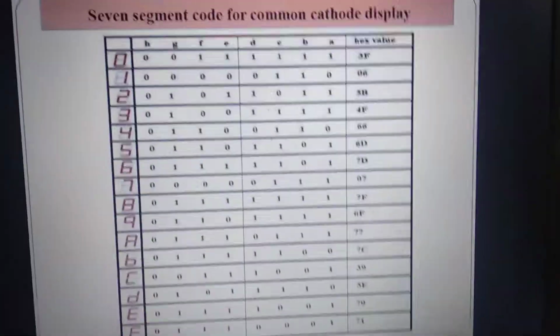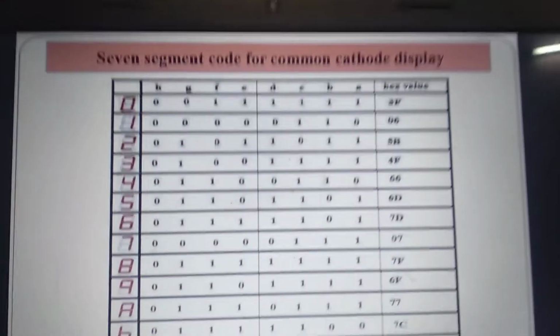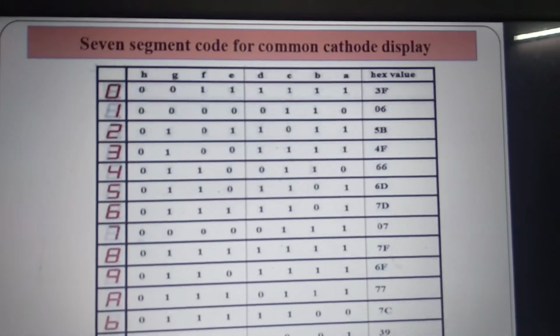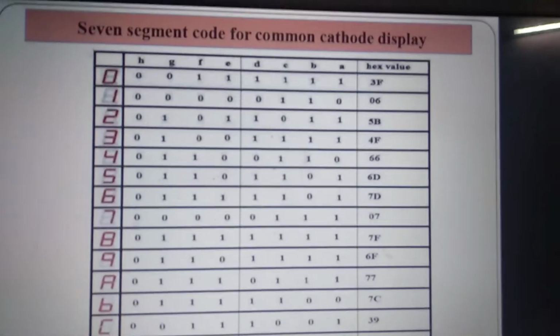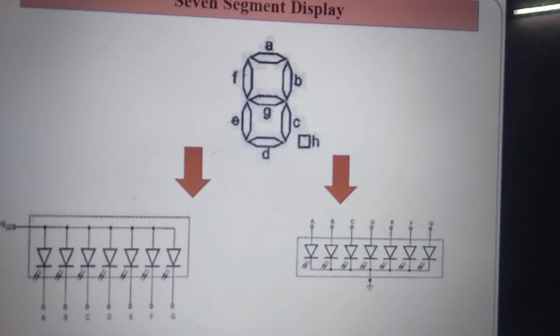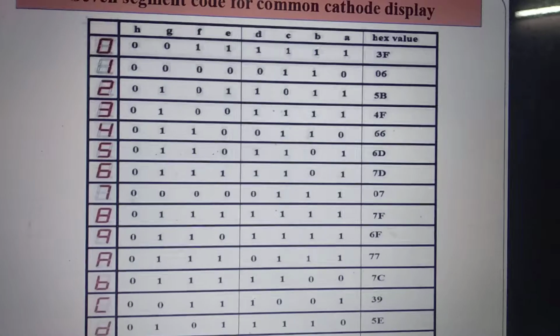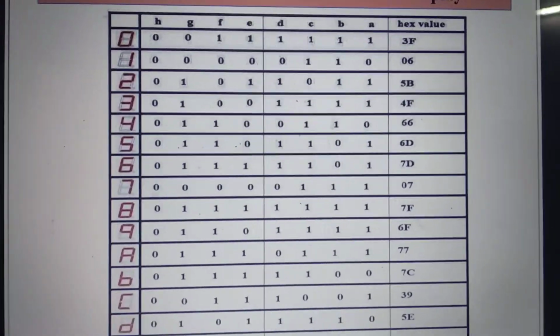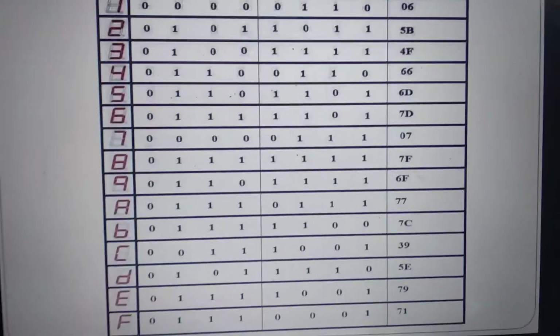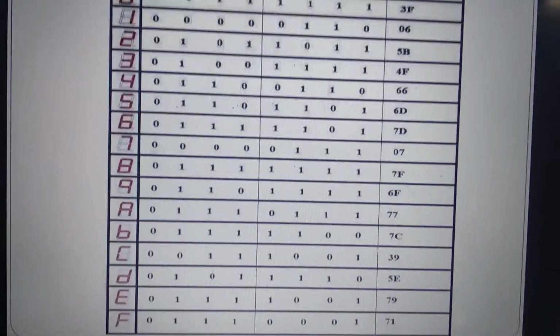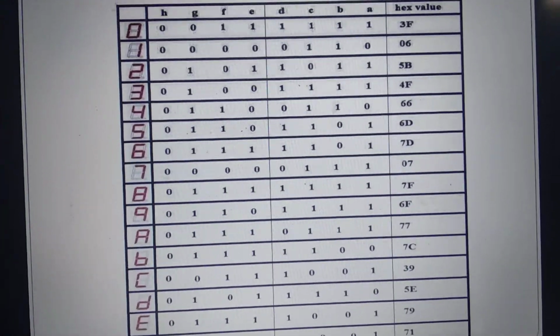Now just have a look. This is an example for a common cathode display. As we have seen, in a common cathode display we have to give 1 to glow a particular segment. So you can check out the example of any number here from 0 to F, with all the corresponding hex values.